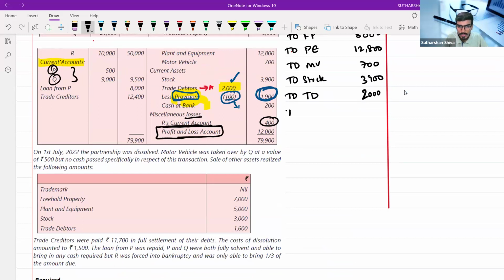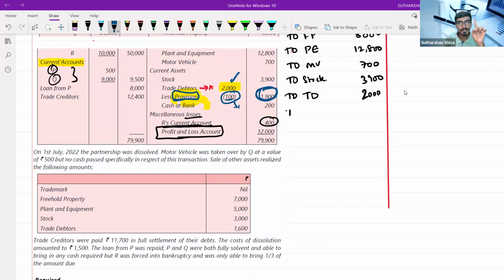Now, they say profit and loss account. This profit and loss should be transferred to which account? Capital account. Why capital account? Because if we follow fluctuating capital, we will transfer the P&L account to the partners' capital account. Here we are following the fixed capital system.